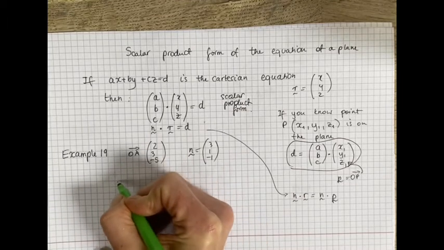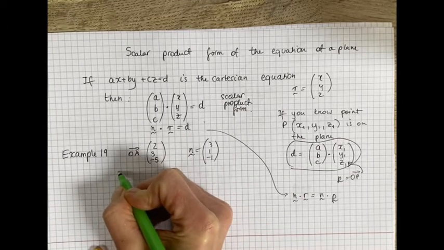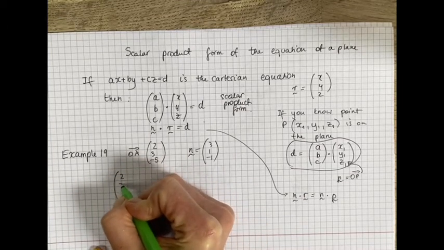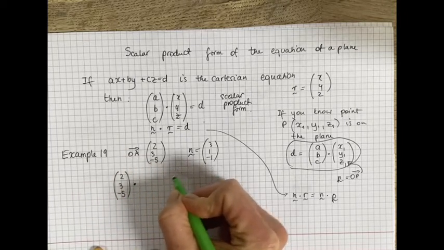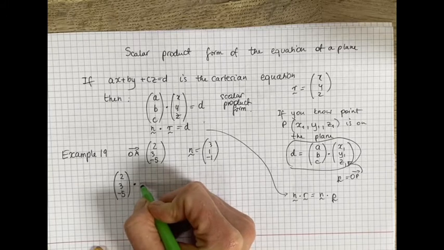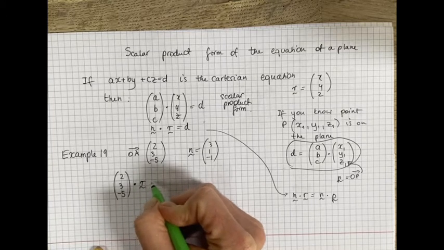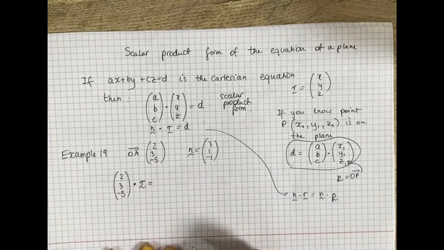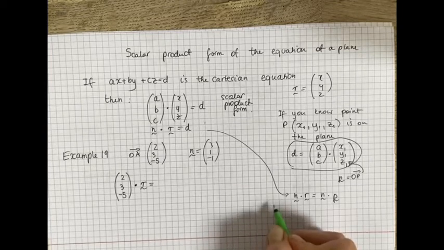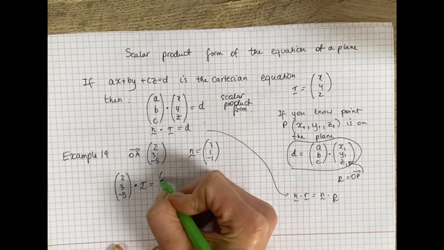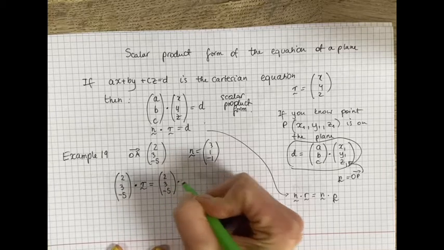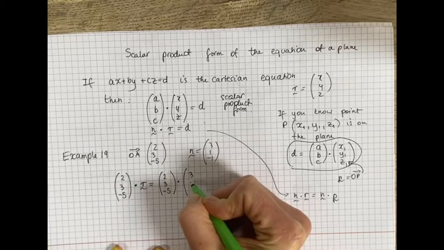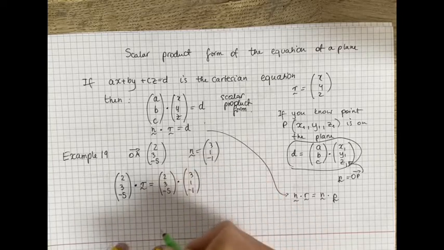Okay, so scalar product form is going to be your vector OA, so it's 2, 3, minus 5, dotted together with the general point, so R. There you go. And that's equal to D. Now D is simply 2, 3, minus 5 dotted together with the point 3, 1, minus 1.